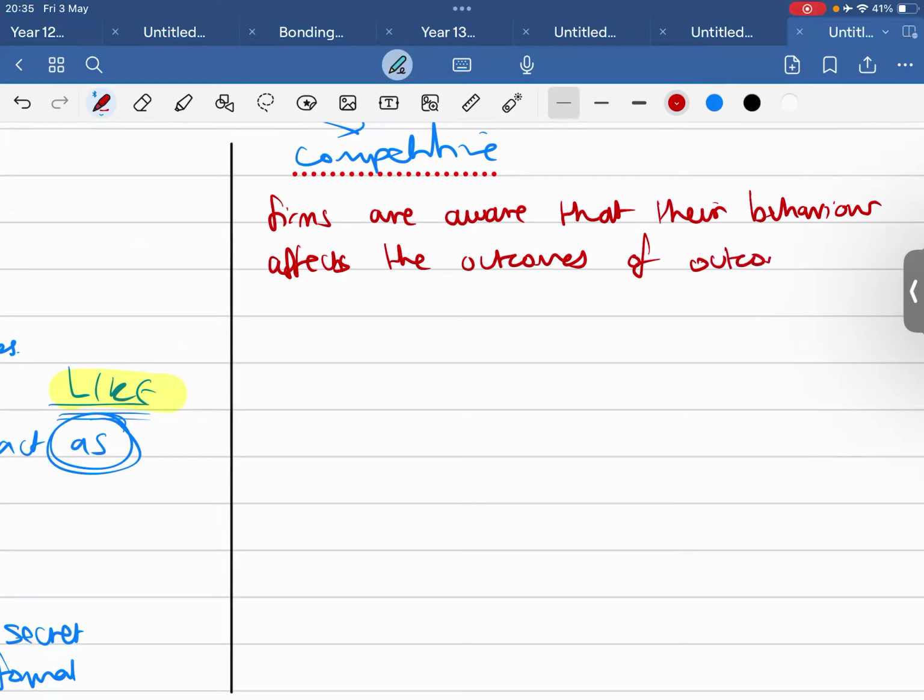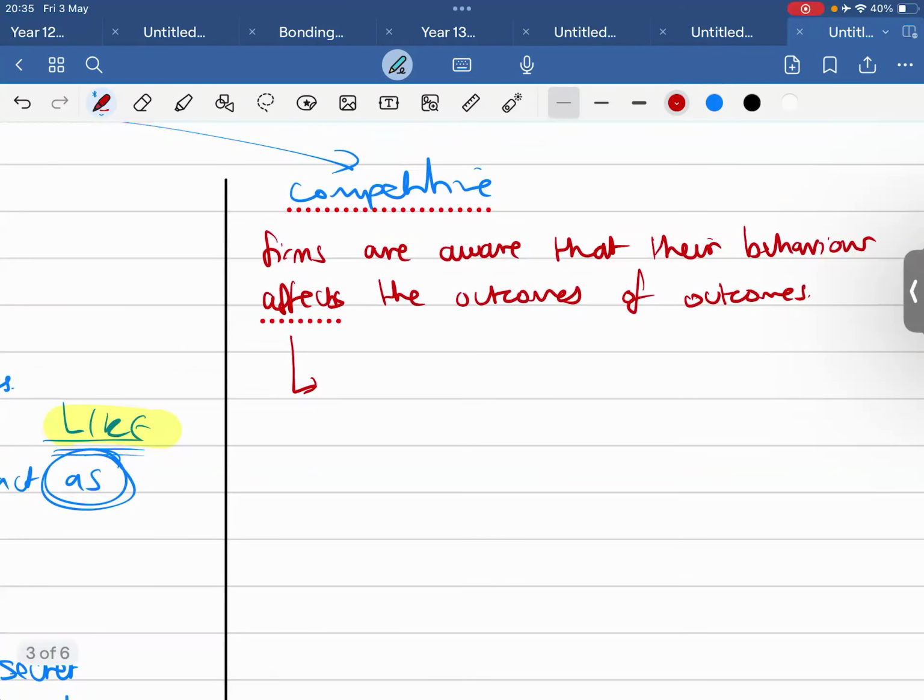So every firm knows this. This is because of game theory studies and examples such as the prisoner's dilemma, models like that. And this means competitive oligopolies know that they are interdependent.